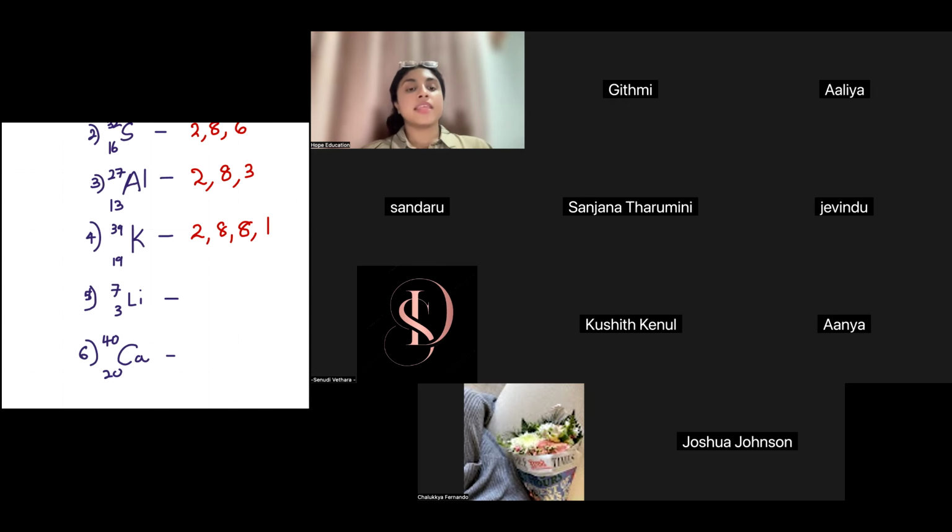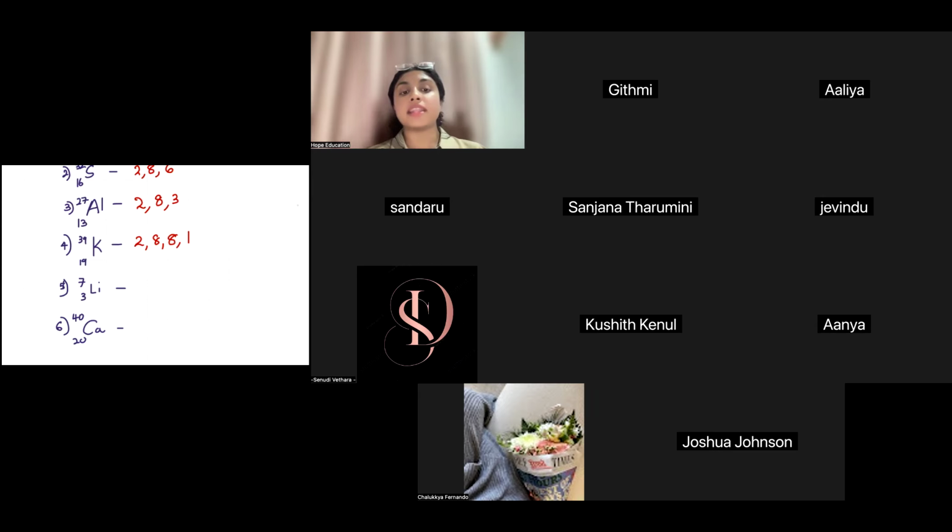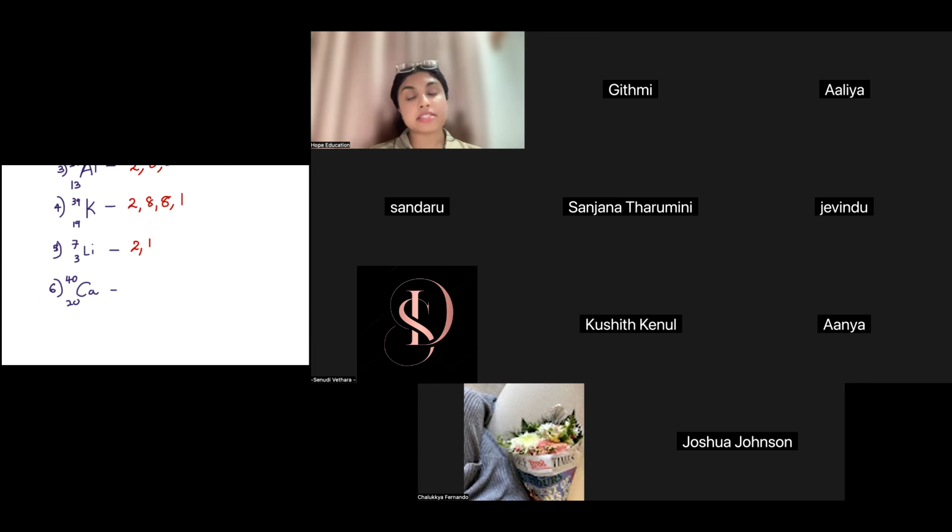Okay. Then lithium. Lithium's atomic number is 3. That means the number of protons is 3 and the number of electrons is 3. First energy level 2, and 1 remaining that I put in the second energy level. Calcium atomic number is 20. That means protons 20, and electrons also 20. First energy level takes 2, 18 remaining.